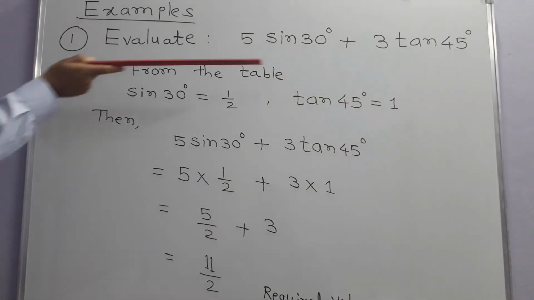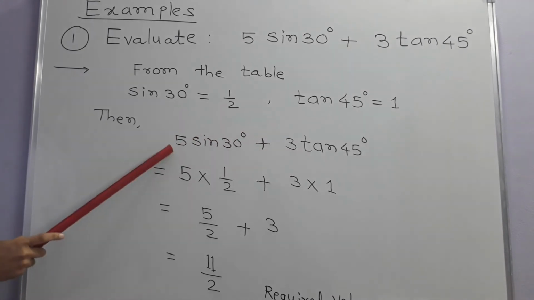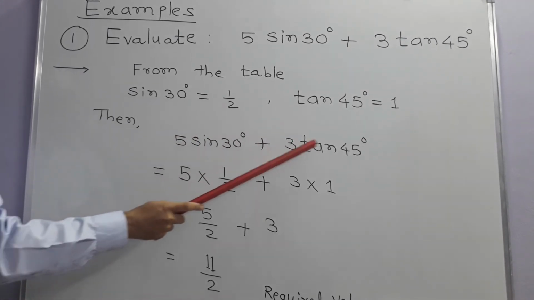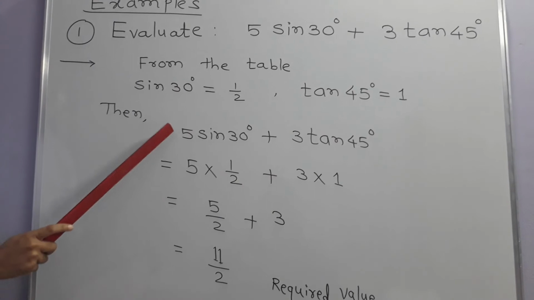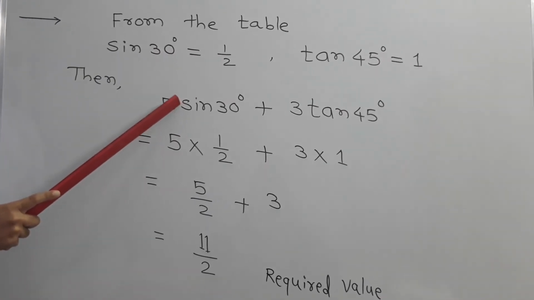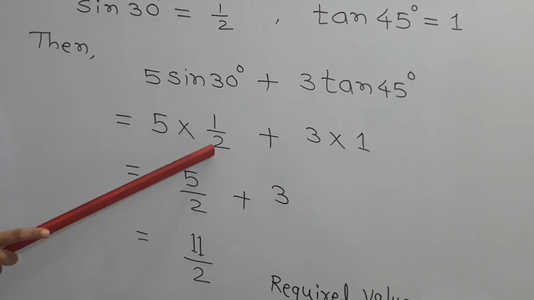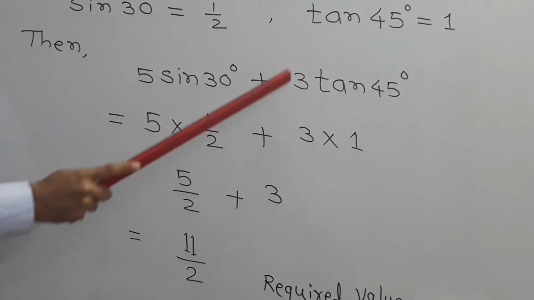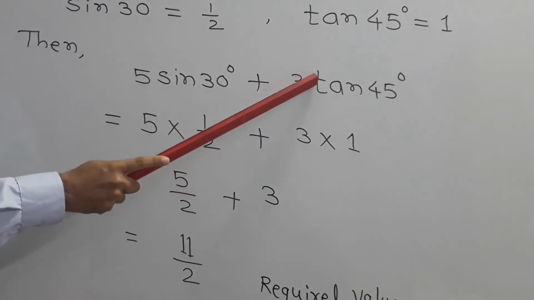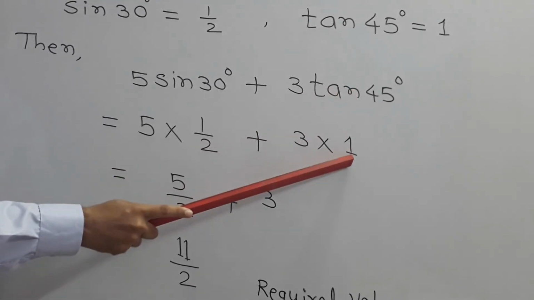Then we'll write the expression. What expression is given here? That expression we'll write here: 5 sine 30 degree plus 3 tan 45 degree. Then it is equal to 5 as it is, then in between the multiplication sign is there, we write here. Then sine 30 is equal to 1 upon 2. Then plus sign as it is, 3 as it is, multiplication sign is here, and the value of tan 45 is 1.